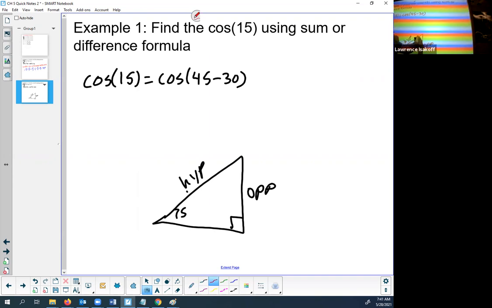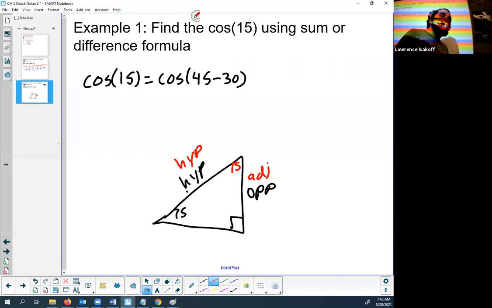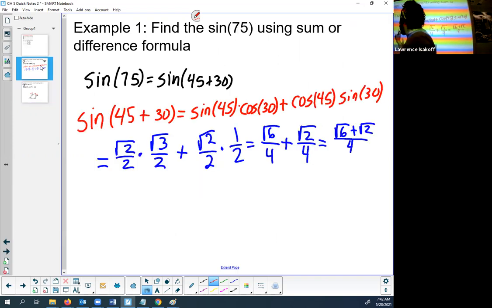Now, if that's 75, that makes this angle 15. This opposite side now becomes the adjacent side, and this is the hypotenuse. So this should be operating off the exact same triangle as the last problem. So again, my prediction is I should get square root of 6 plus square root of 2 all over 4.